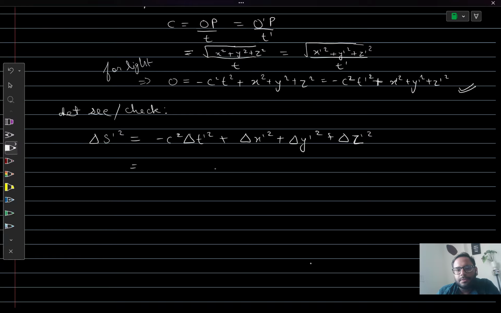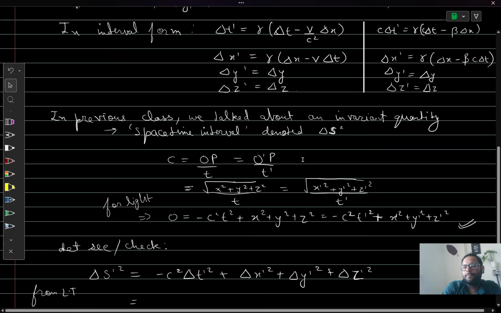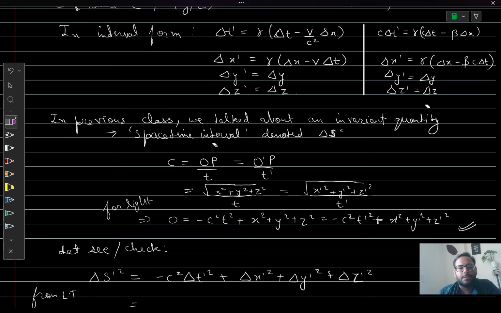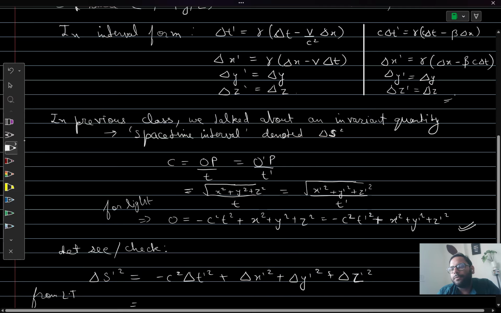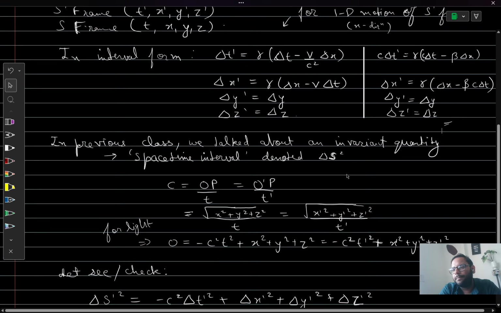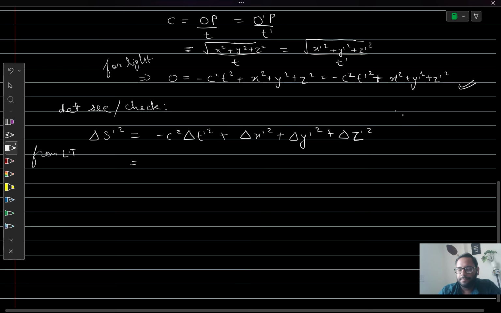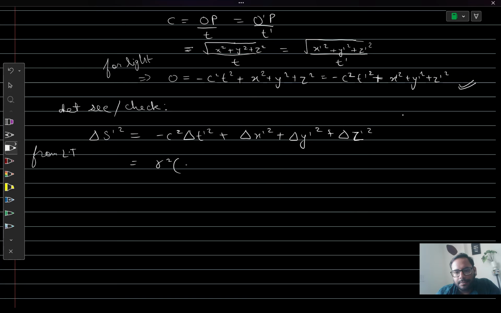From the Lorentz transformations, taking the symmetric form directly, c delta t prime equals gamma (c delta t minus beta delta x), squared, with a minus sign here.